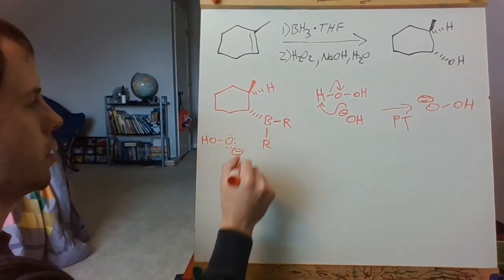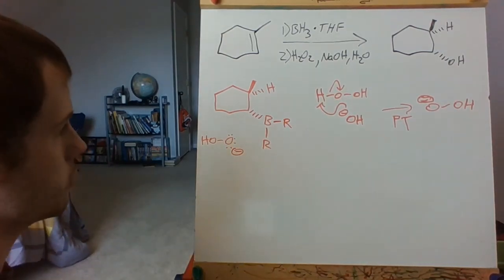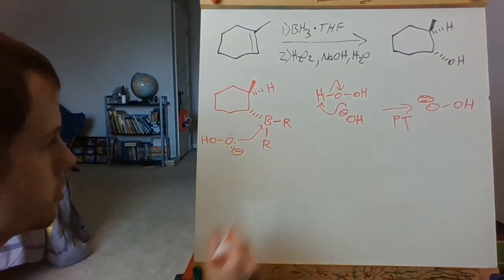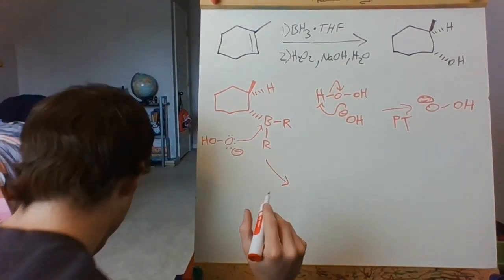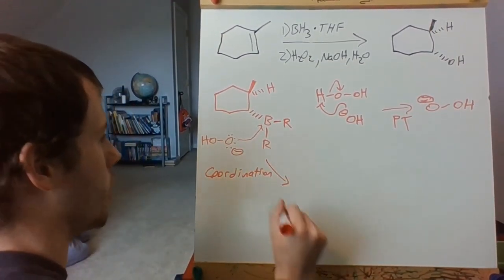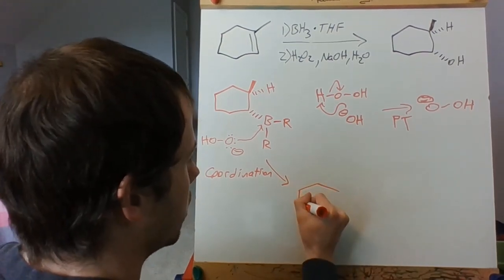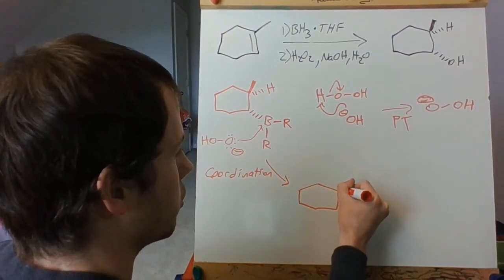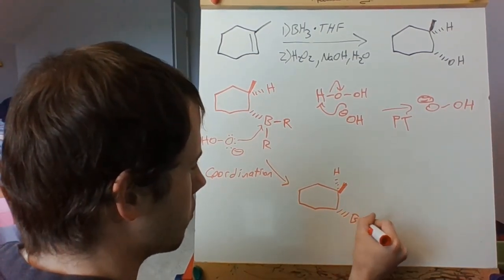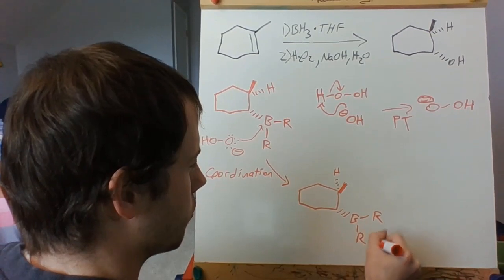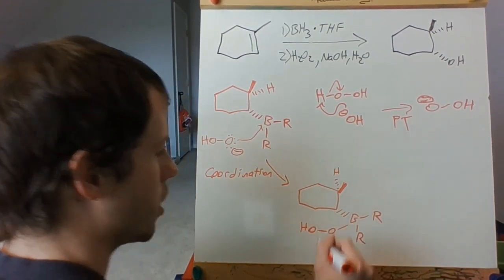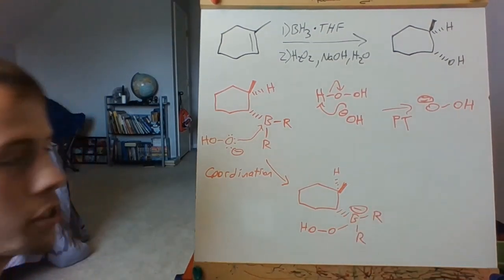So our oxygen has a negative charge since it has 3 lone pairs, and then we get a coordination step. So we go through coordination, and that gets us to something that looks like this shown here.